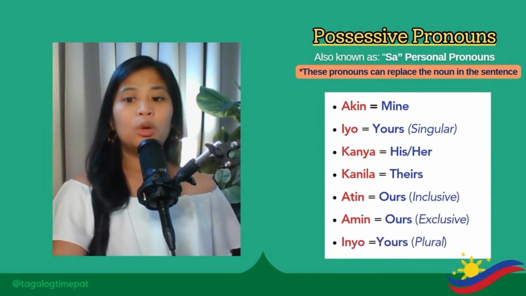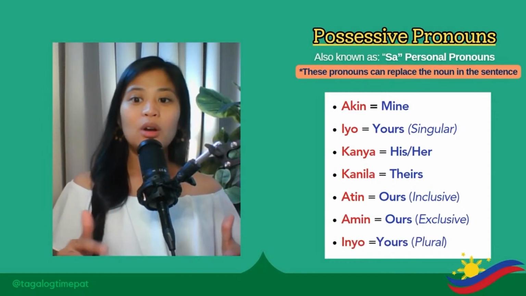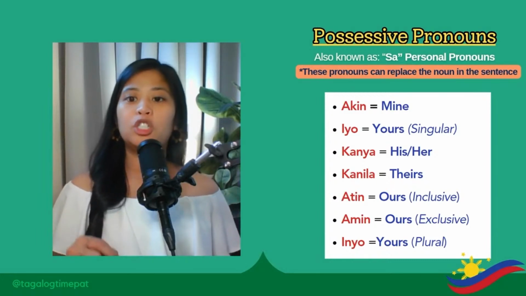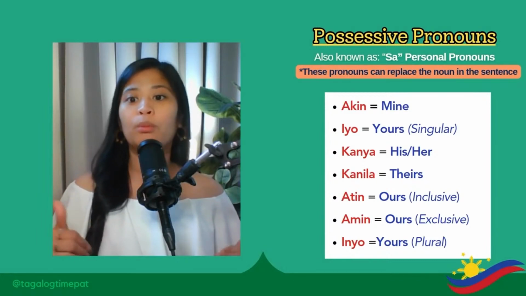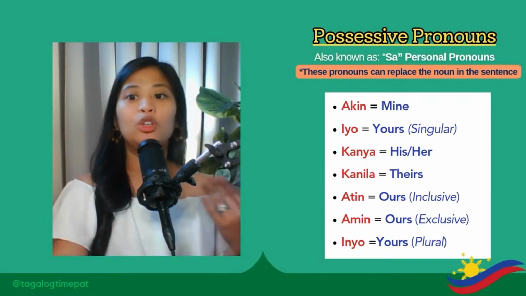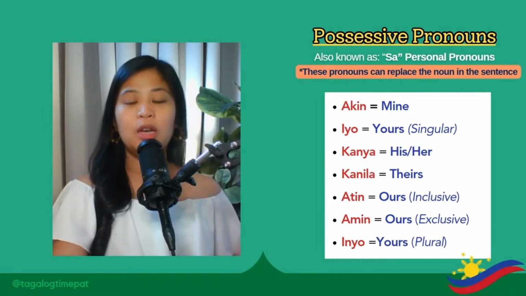Inyo is yours, plural. So these are all pronouns that still show possession or ownership, but they are different from the ones we just learned. So it's not ko or mo or nya, but now it's akin, iyo, kanya, and it means mine, yours, his or hers. Okay, so we'll take a look at how they are used.